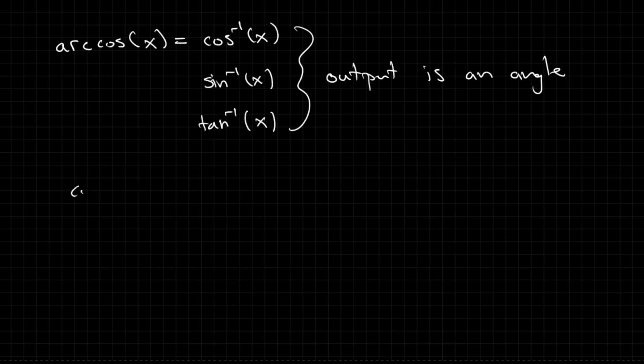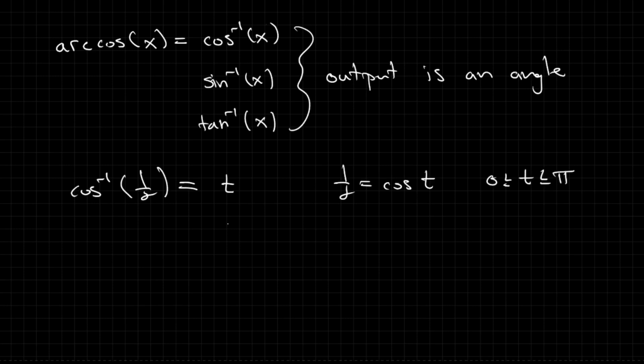So when you write cosine inverse of 1/2, if you're trying to evaluate this by hand, you're looking for some angle t such that 1/2 is cosine t, and that angle has to be between 0 and pi. So keep in mind that there is this alternate notation, and also that the output of all of these inverse trigonometric functions will always be an angle.